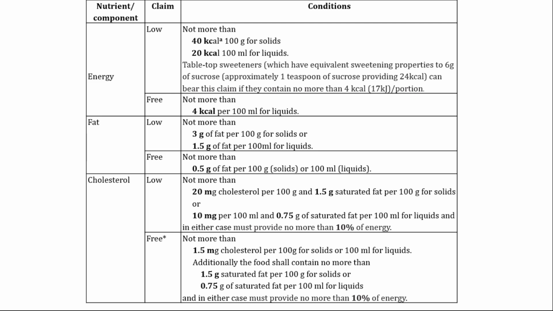However, now they will not be able to do that with the promulgation of this order, because the cholesterol may be free, but all the oils will contain saturated fat.